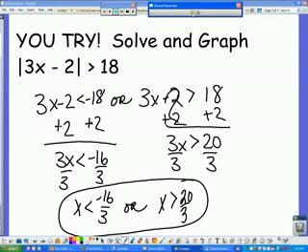Remember that since this is a greater than question, rewrite the question as it was without absolute value bars. 3x minus 2 is greater than 18. And then we have to switch it to a negative 18 for the other part of the "or", but it has to switch to a less than sign. So add 2, divide by 3.